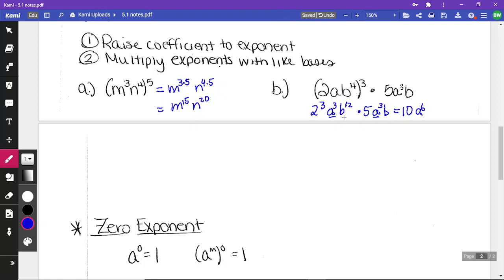And then with b, we have b to the 12th power. And b, again, remember this one right here that I'm underlining, that has a power of 1. So 12 plus 1 is 13. So b to the 13th. So we have 10, a to the 6th, b to the 13th.